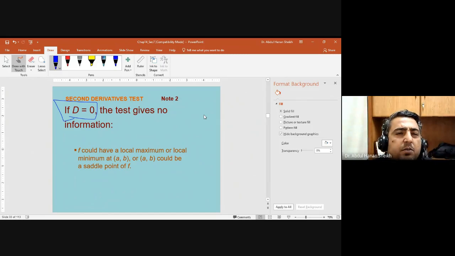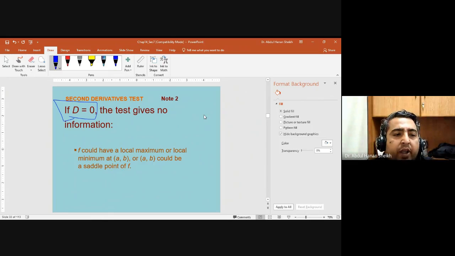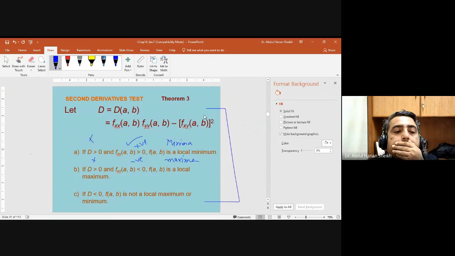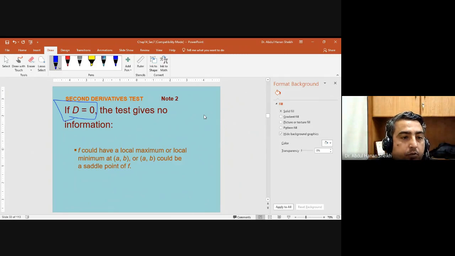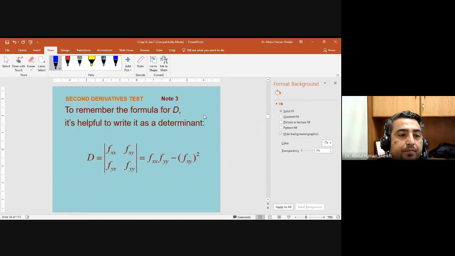Most of the time the test works, and D is either positive or negative, unless it is a saddle point. So we have three cases. If D is negative, it is a saddle point. If D is positive, then if f_xx is positive, it's a minimum, and if f_xx is negative, it's a maximum.